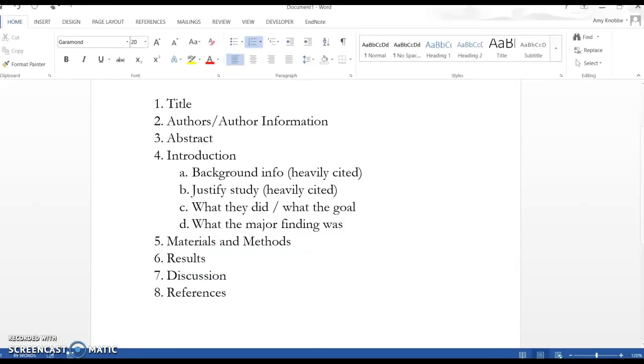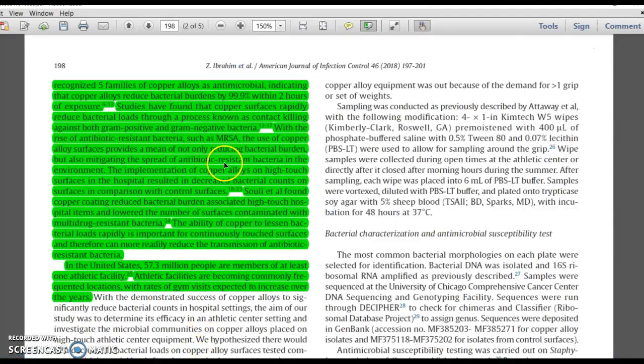All right, so if we go quickly back here, what they've done is they've provided background information. They've heavily cited that. They've justified their study, and they've heavily cited that. And I'll just show you what I mean by that. If you look here, every single sentence has one or more references that they're using to associate with that particular piece of information.